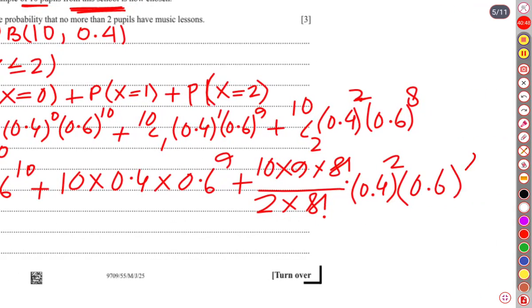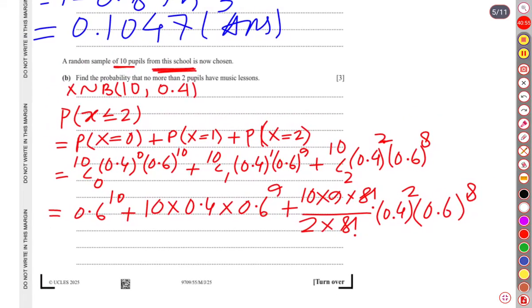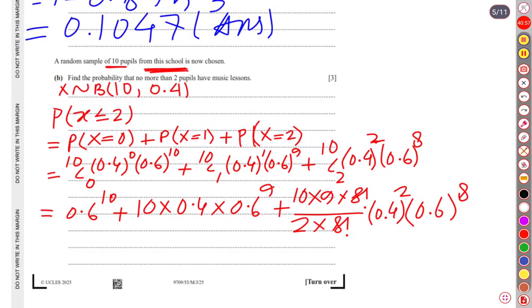Now if we calculate this, the 8 factorial can cancel each other, and 2 cancels with 10, it is going to be 5. So finally, let me use my calculator.